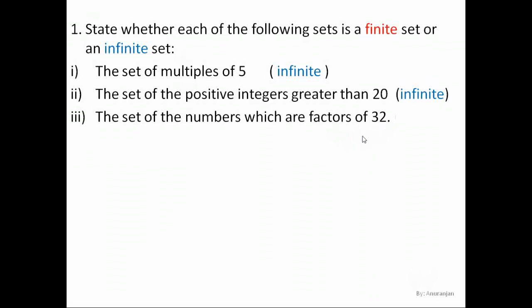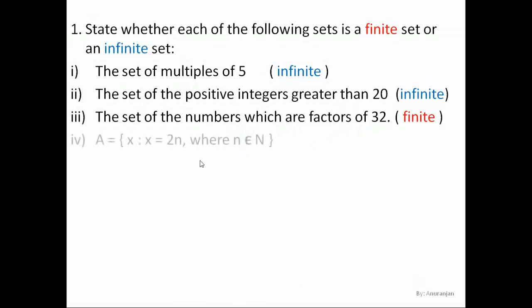Means it will not continue. So whenever a question is asked as to the factors of 32 or factors of any number, it will be limited. Means it will stop at some point. So it is a finite set. But when it is asked about multiples, then it will go on.